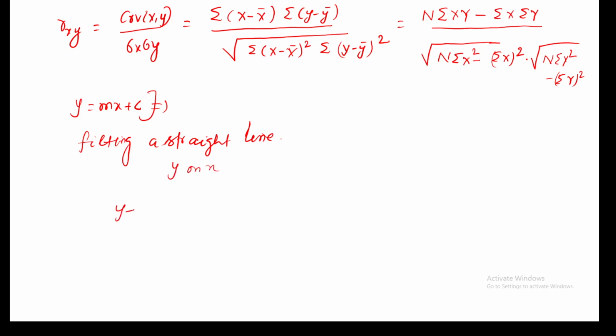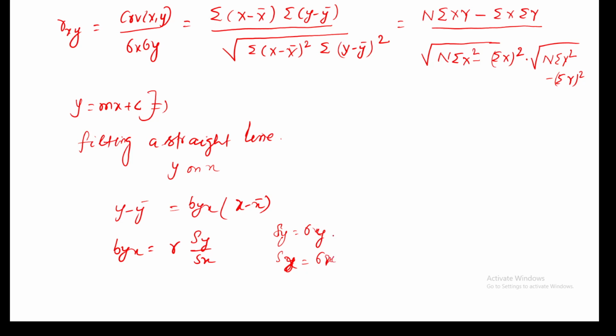So y will have the formula y minus y bar equals the slope byx times x minus x bar. For that, byx is r times sy by sx. We have formulas for sigma x and sigma y also.